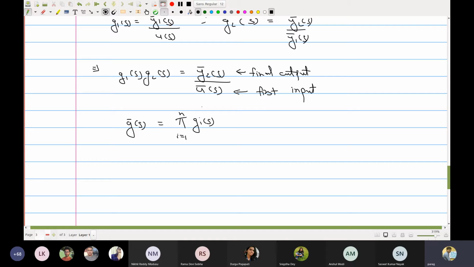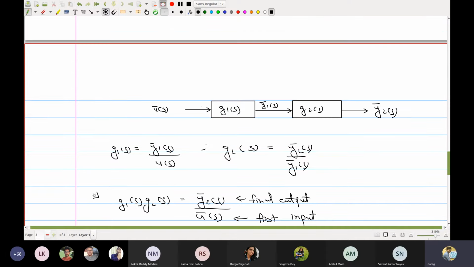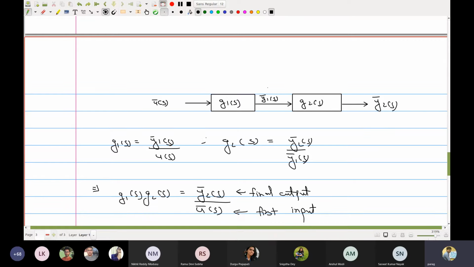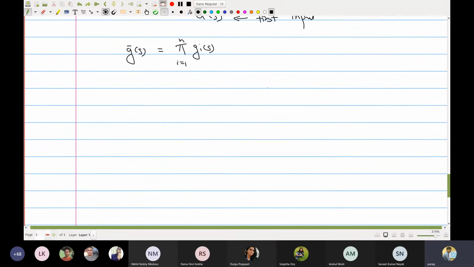Your overall transfer function would be a multiplication of the individual transfer functions of the components which are placed in series in this manner. Okay, so you have individual components which are in series and your overall transfer function becomes like this.